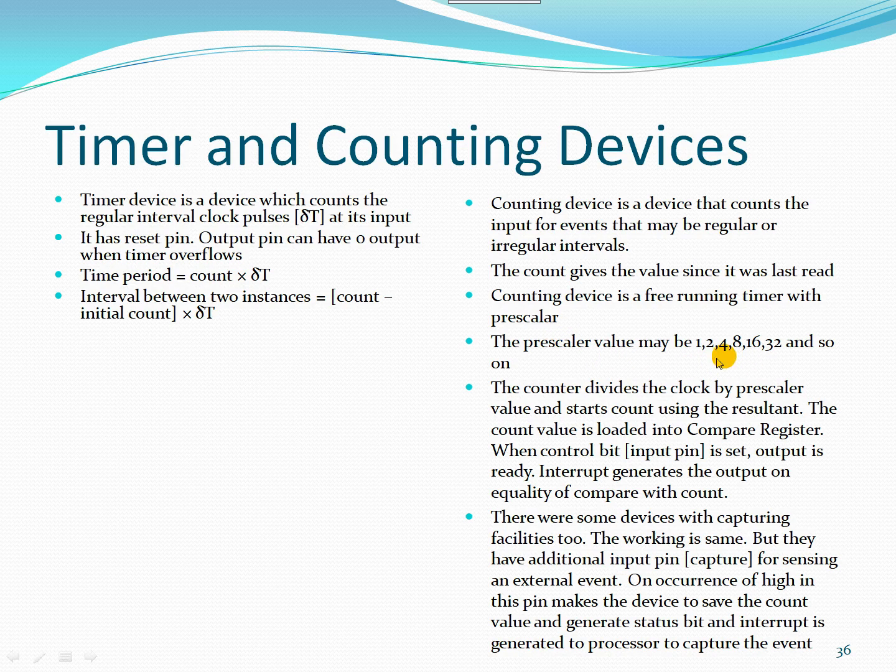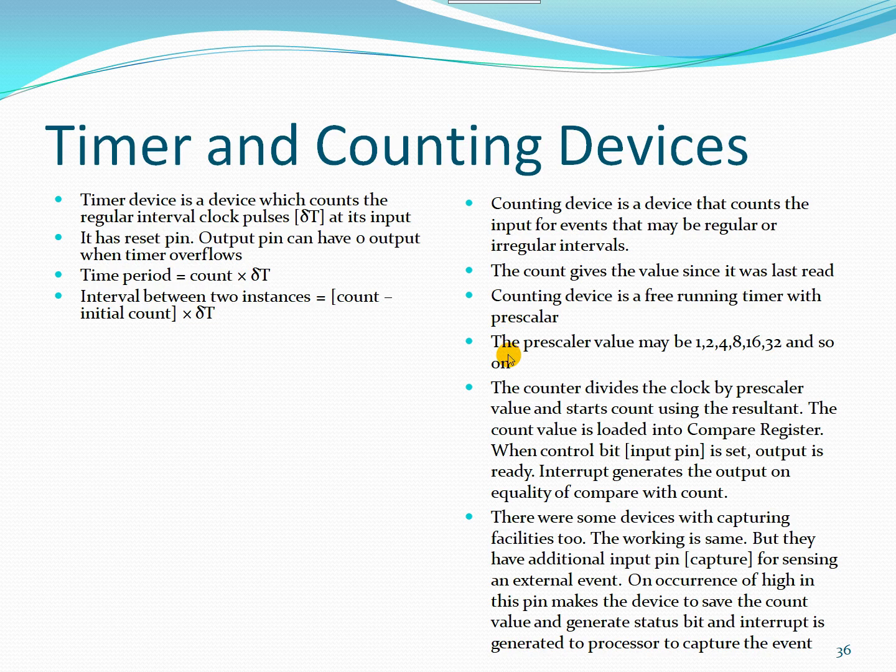Those prescaler values may be 1, 2, 4, 8, 16, 32 and so on. So these prescaler values will be given as an input for the division. Upon the division, we will have the resultant clock pulse, which will be given as an input for the counting device.